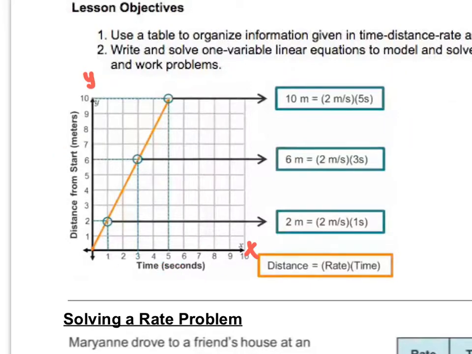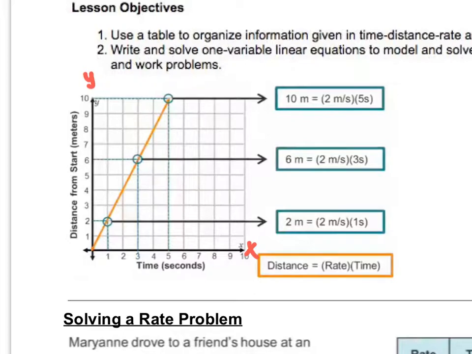So we have this point on the graph of (1, 2). After 1 second, we've traveled a distance of 2 meters. After 3 seconds, we've traveled 6 meters. After 5 seconds, we've traveled a distance of 10 meters.